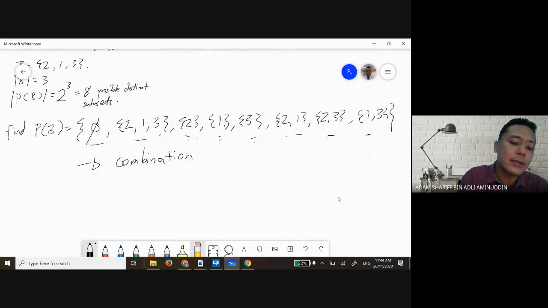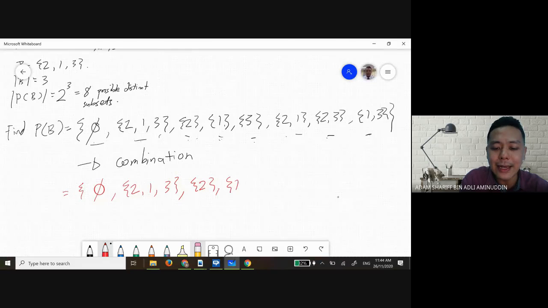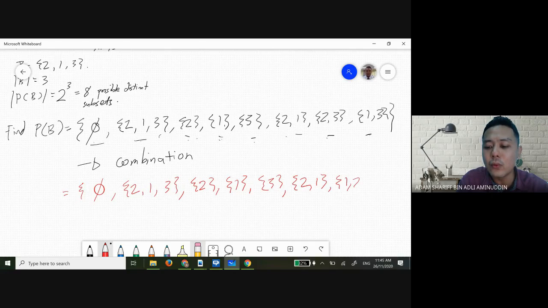The dangerous thing that some of the students did is that they write multiple set. Digunakan konsep permutation tadi tu. Okay, for example, 1, 3, 2, dia tak salah lagi. Yang salah kat sini nanti. If they write 2, 1 and they write 1, 2 and then they finish with 1, 3.